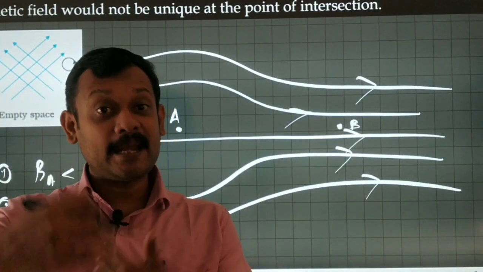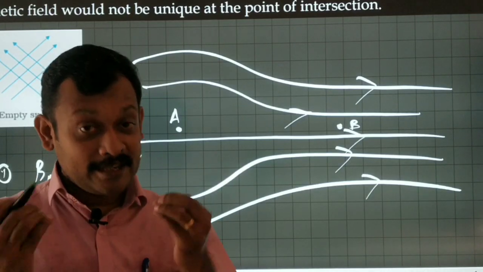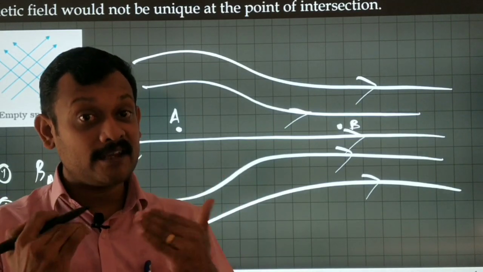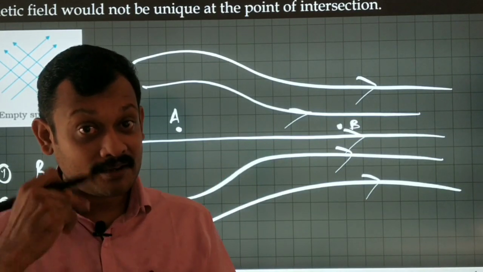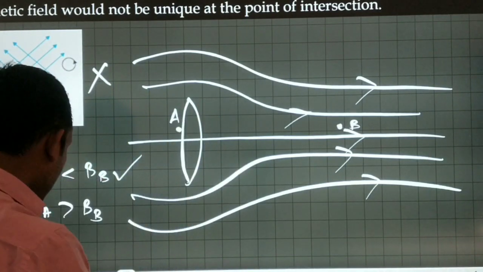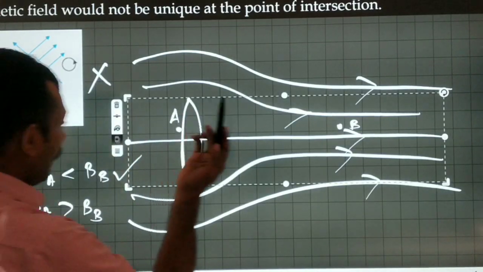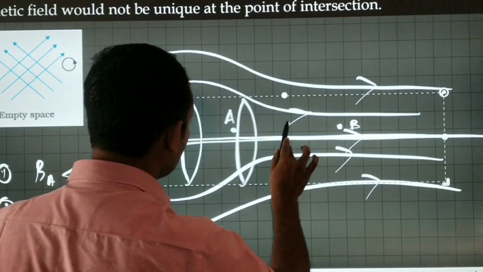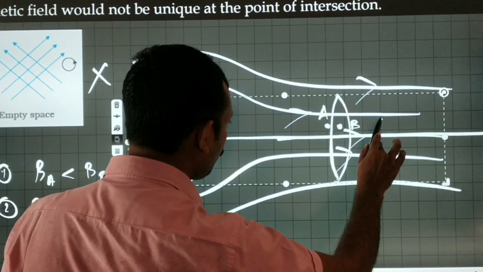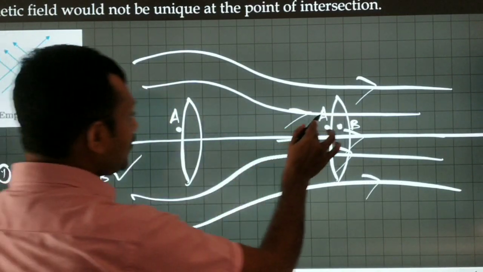The magnetic field at a particular point, or the strength of the field, is denoted by the relative number of magnetic field lines intersected by a certain area. Now, if I consider a particular cross section here, and a similar cross section there, what is the inference?